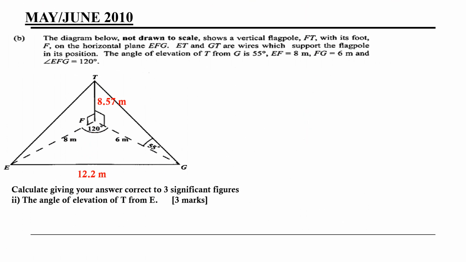Here we're asked to find the angle of elevation of T from E. So that's T here from E. We're talking about this angle here. We take that triangle out, and it's going to look like this. We recognize that it's a right angle triangle.